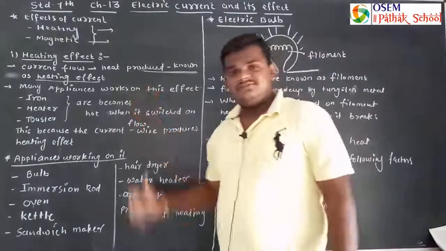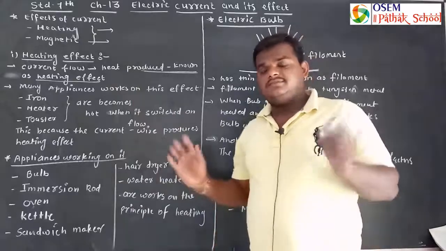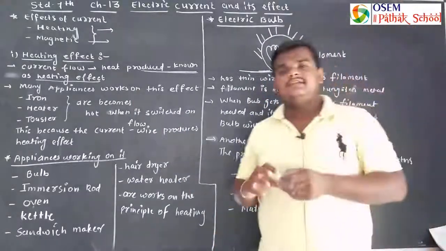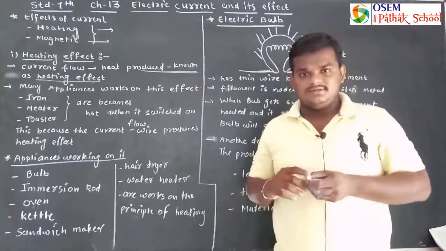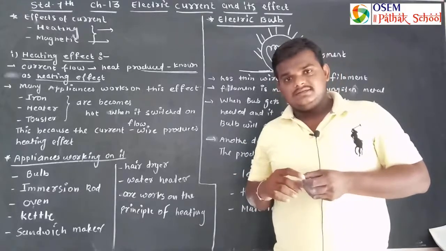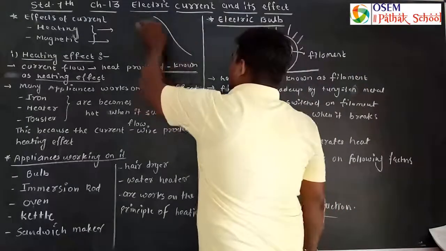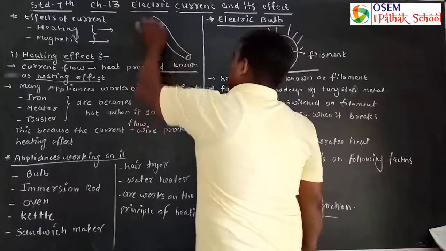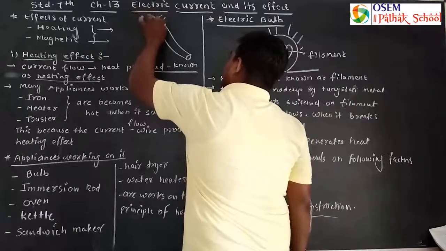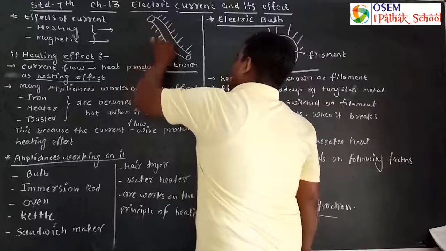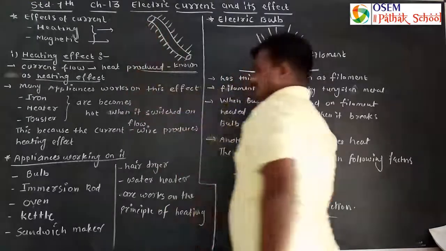In a large number of appliances, this is unwanted by us. The heat which is generated inside the fan, that we don't want. But this heat which is generated, suppose this is our wire, this is the cross-sectional area, and heat is generated around its surface.